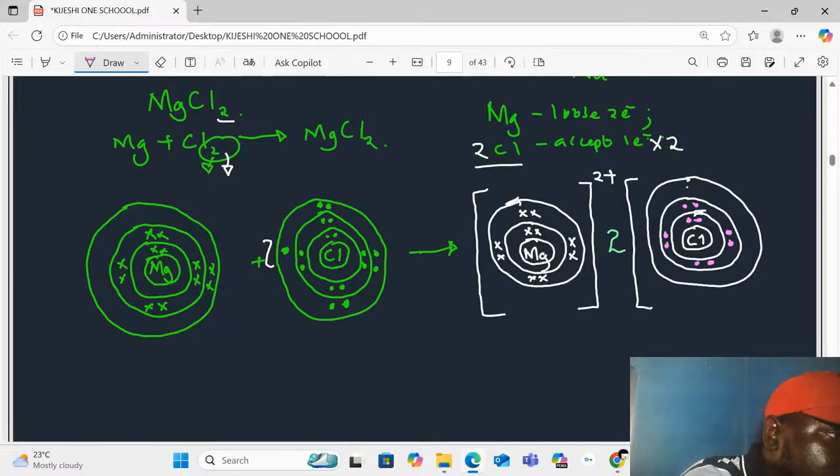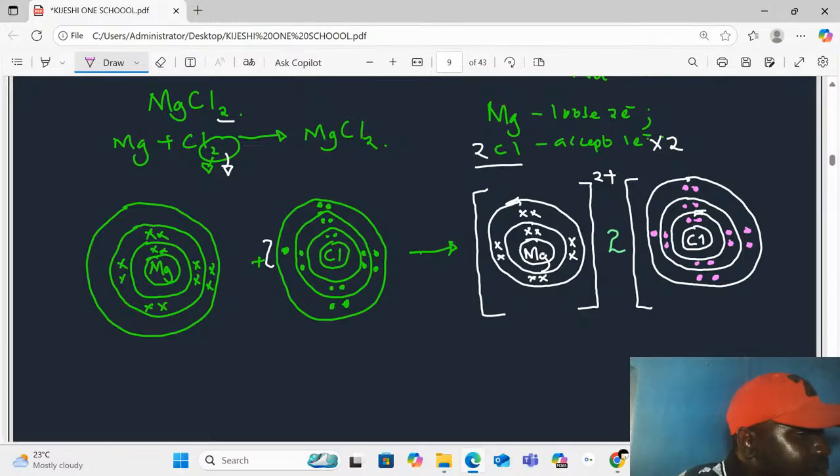Then the last energy level will be having 7 of them. But now, since we are forming the ion, it has gained 2 electrons.